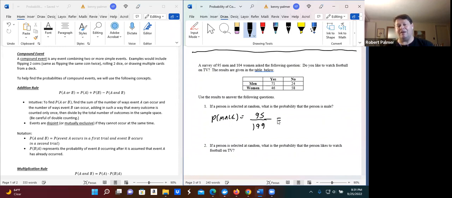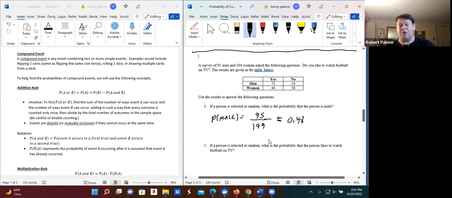This probably will not come out exactly, so 95 divided by 199 is approximately 0.48, or about 48%.